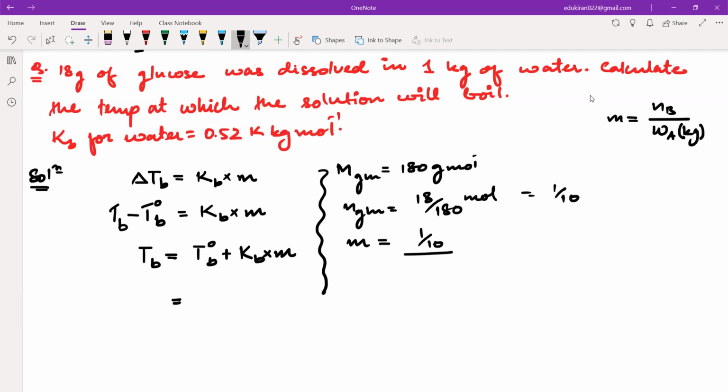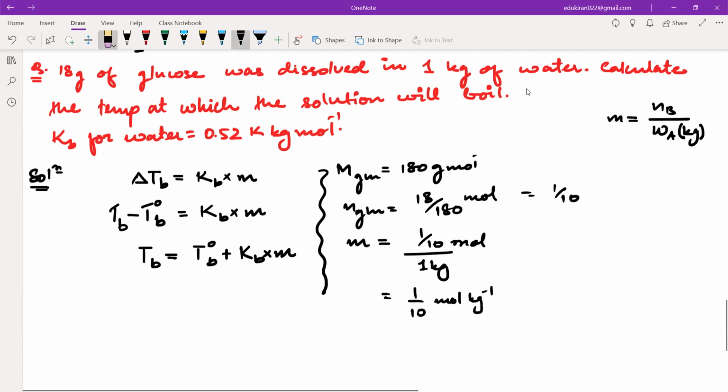What is the mass of solvent in kg here, in the question? It is equal to 1 kg. So molality will be equal to 1 upon 10 moles per kg.